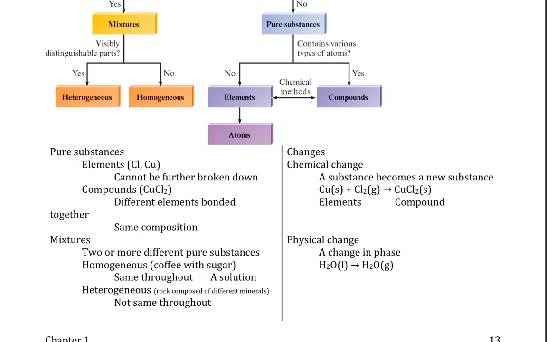Unlike a pure compound, such as copper(II) chloride, that is always CuCl2, no matter what. If we're talking copper(II) chloride, it is CuCl2. Whereas with our coffee or our tea, it might be very sweet, lots of sweetener, or it might not be so sweet, not so much sweetener. So it's variable in its composition.